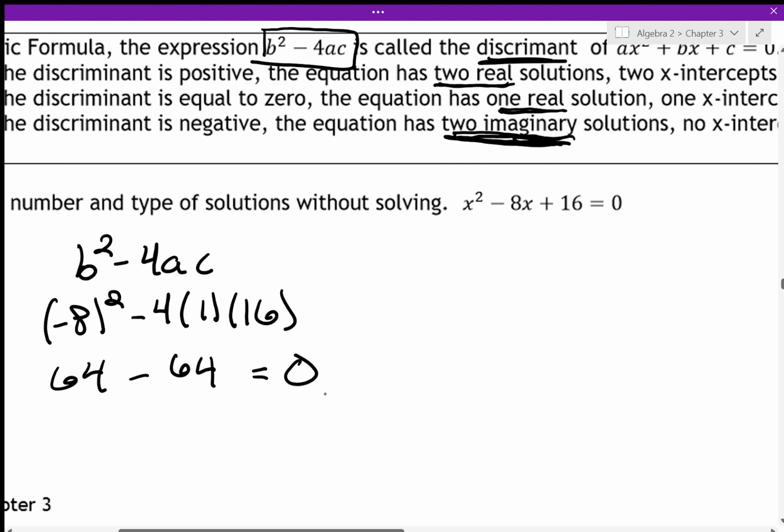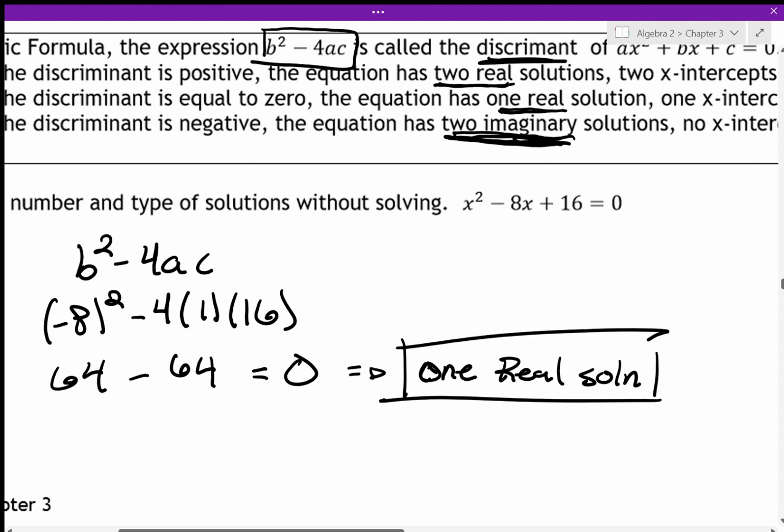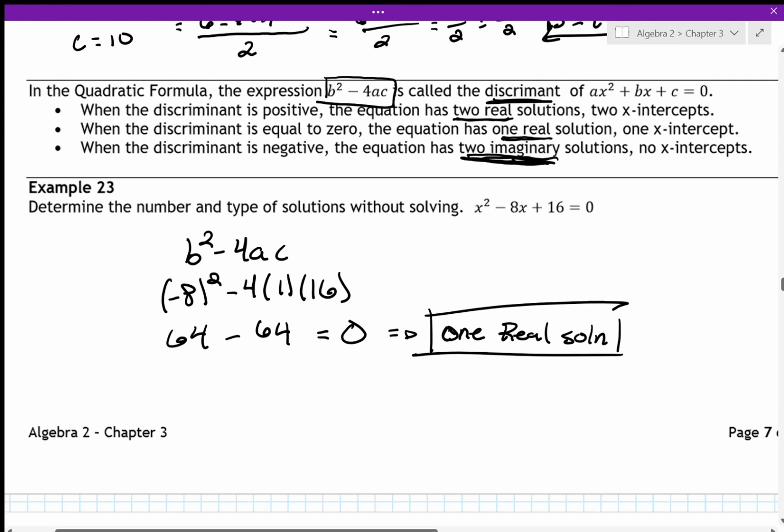So the discriminant is 0, which means that there is 1 real solution. That's all we've got to do for these problems. It doesn't actually ask for what the solution is. It just asks us to describe the solution.